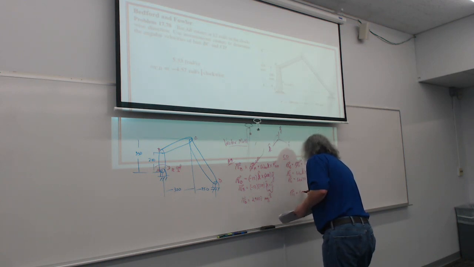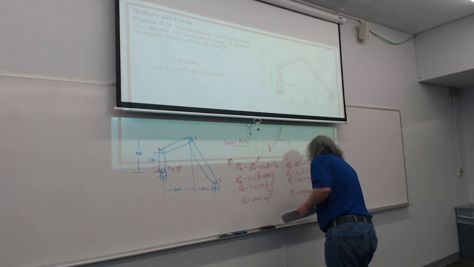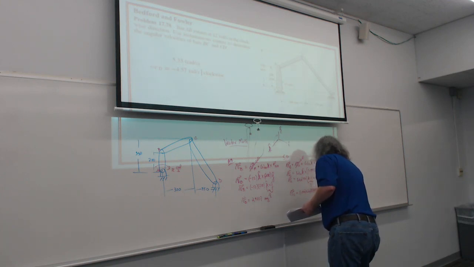So they're going to be negative 350 omega CD I plus a negative 350 omega CD J.